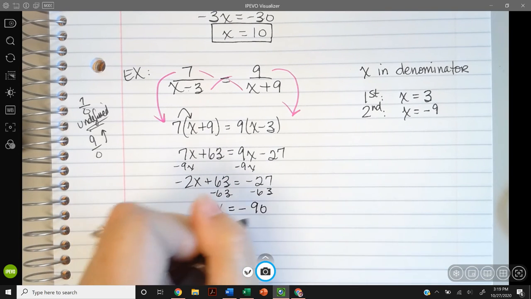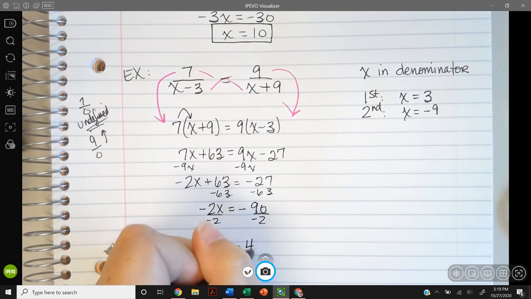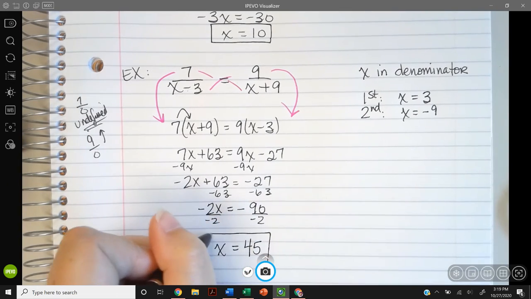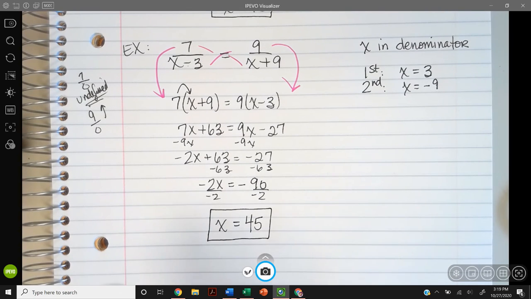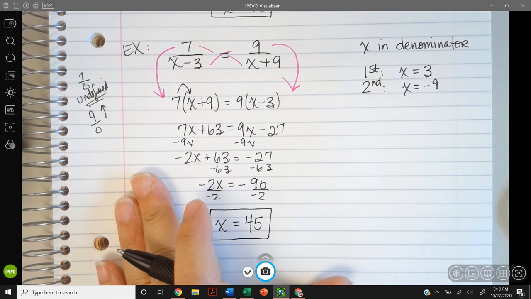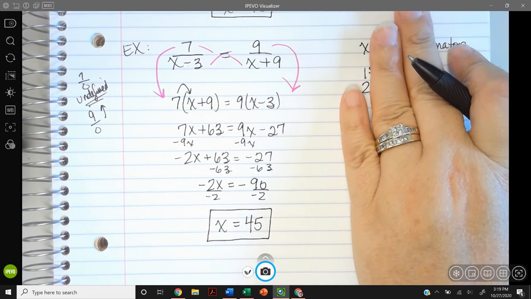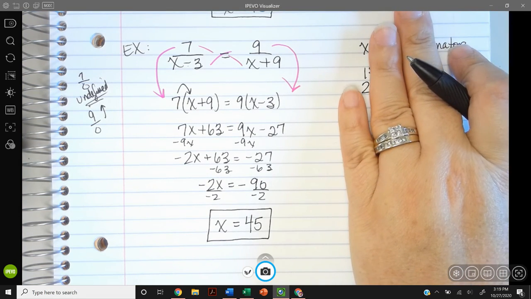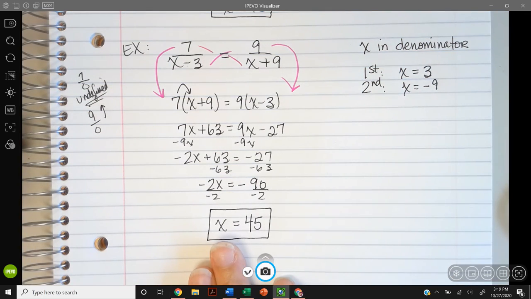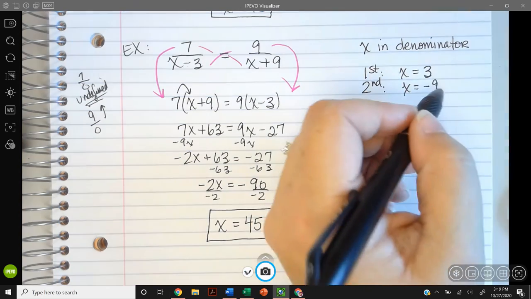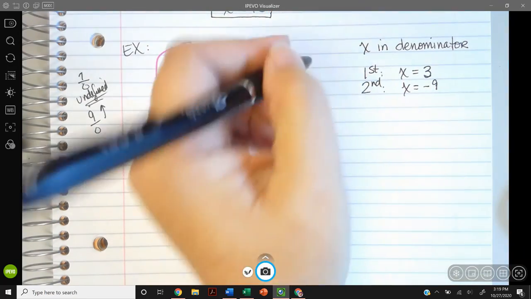If I divide by negative 2, I get x equals 45. That means I'm good. In this particular problem, I don't have any of these concerns. But again, if I were, my answer would be no solution. So this problem is done. We're good.